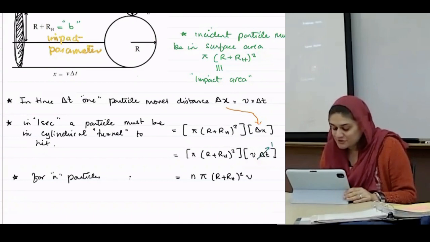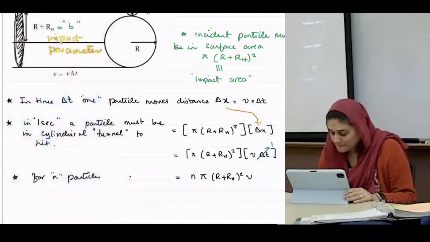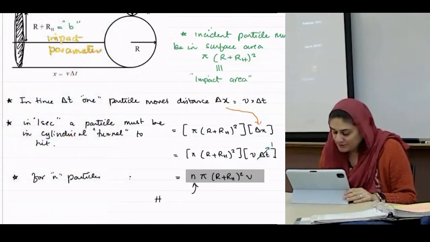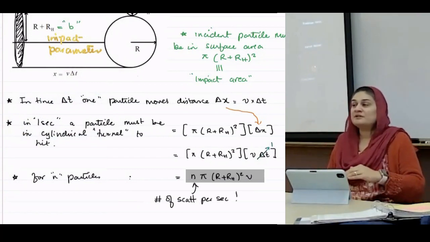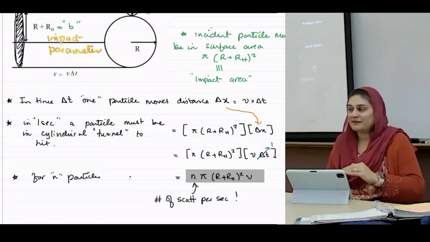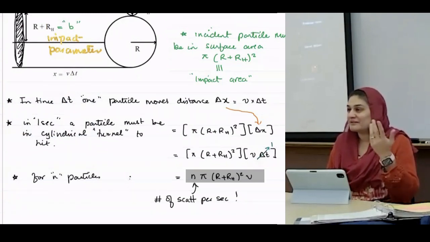So here's my answer to the original question. This is the number of scatterings per second. So now if you didn't have all the math background at the beginning and you looked at this equation, it looks really scary, doesn't it? Lots of symbols and stuff. But fundamentally it is not. Just have to develop it so it doesn't seem scary.